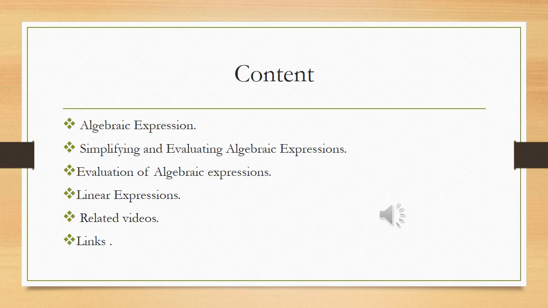Then we are finding out the linear expressions. In linear expressions, we are solving the problems with the help of related videos, showing how we can solve linear expressions, and how we can do addition and subtraction in linear expressions.